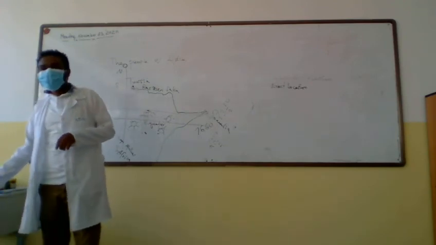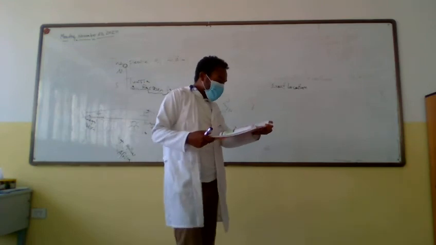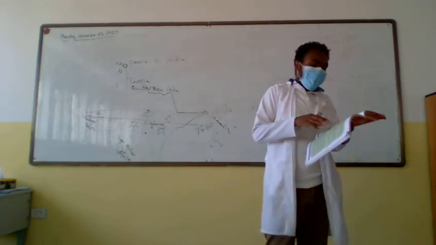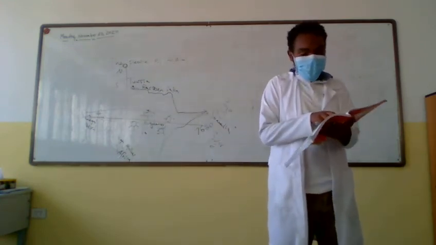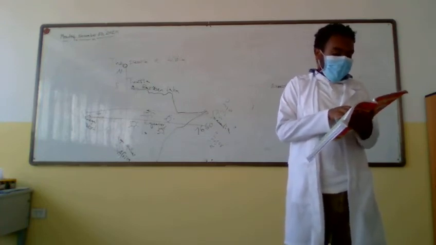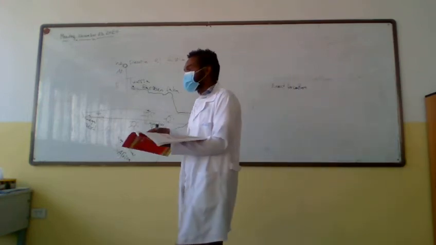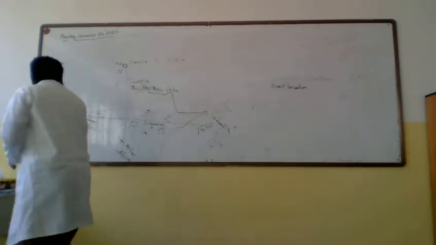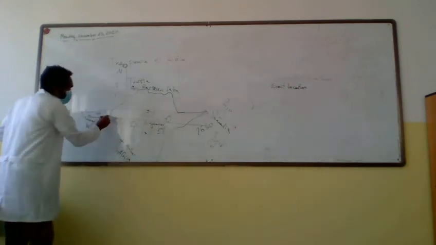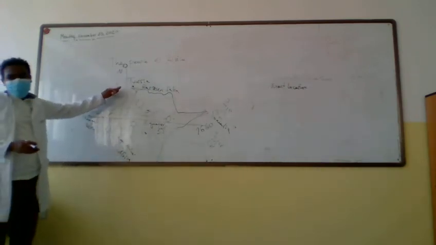Here, let me read it from your textbook. Africa is as large as the combined land area of the USA, Europe, and China. Approximately 2/3 of Africa's land surface lies north of the equator.